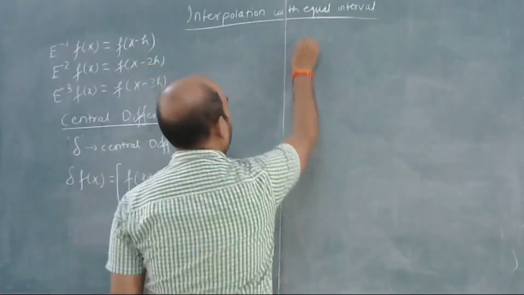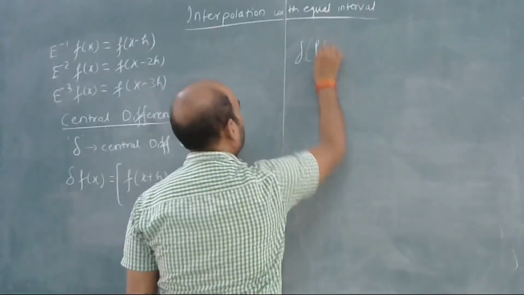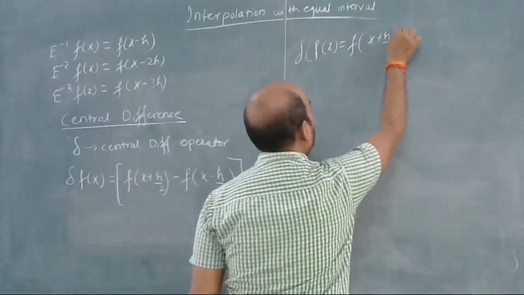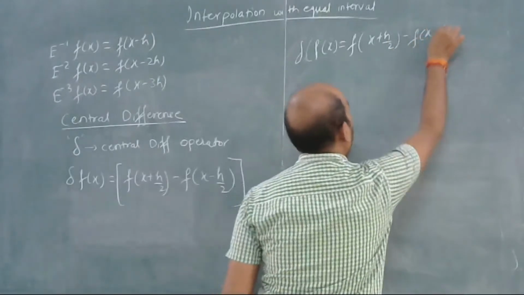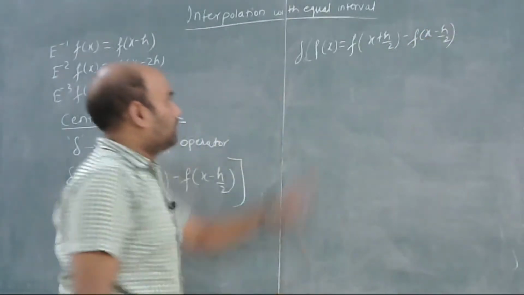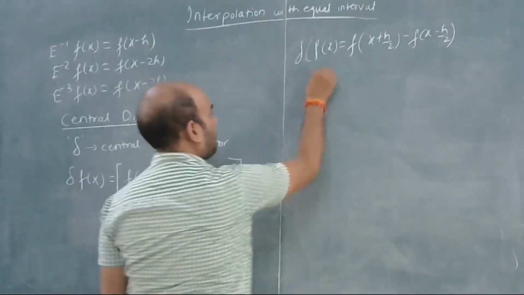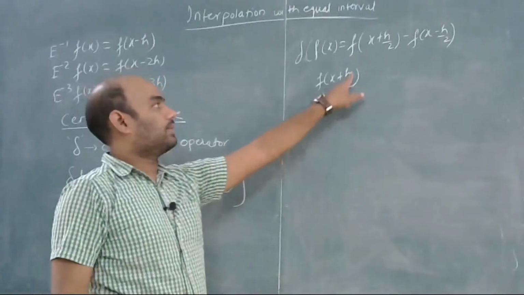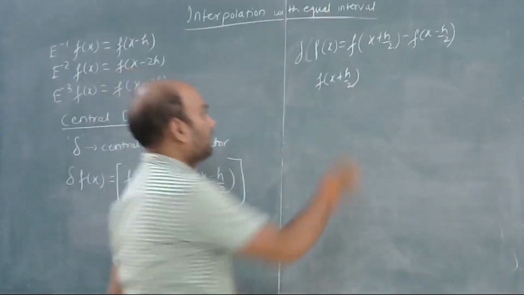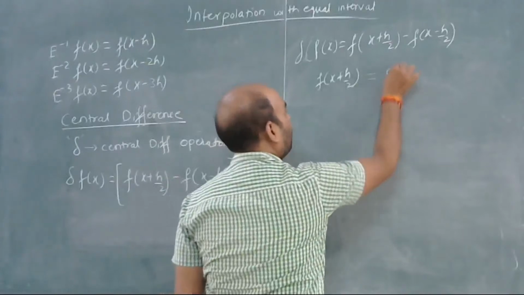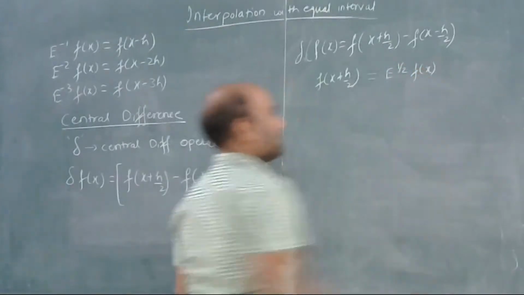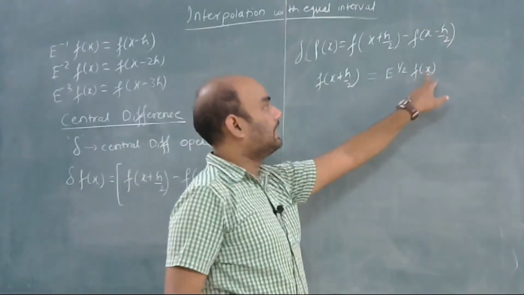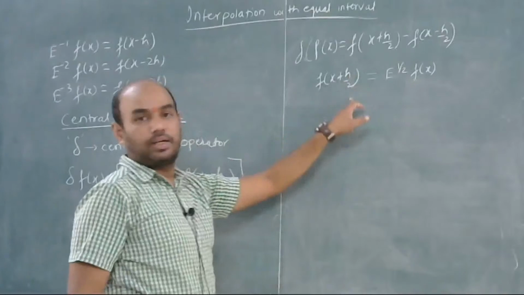So del f of x is equal to f of x plus h by 2 minus f of x minus h by 2. Okay, so f of x plus h by 2 can be written as E to the power half f of x, since we have increased the value of x by h by 2.